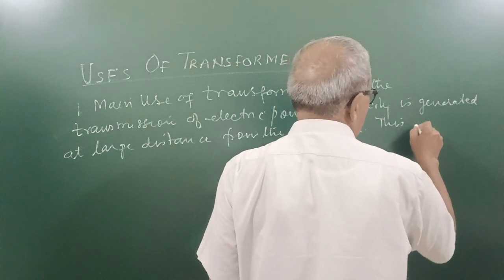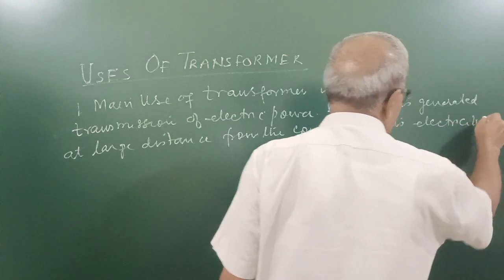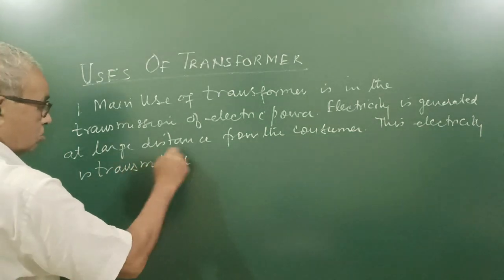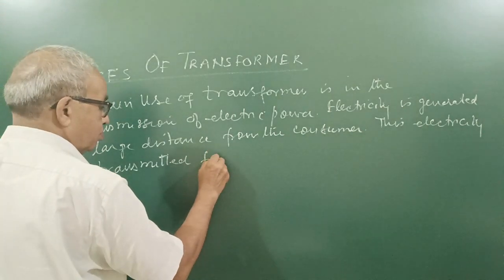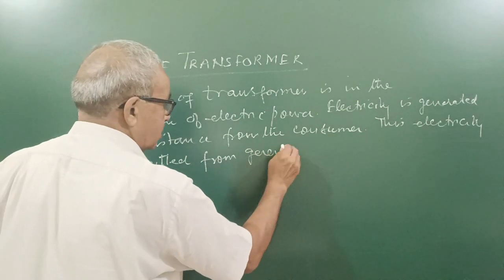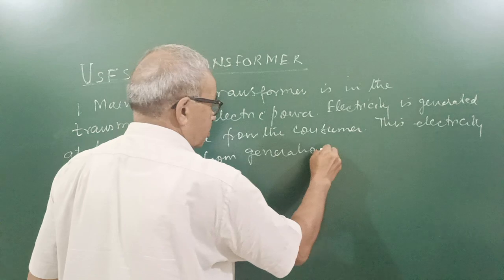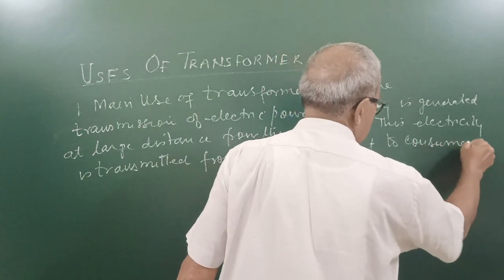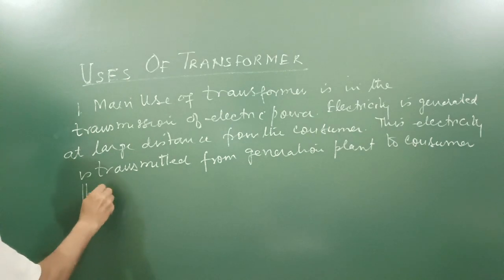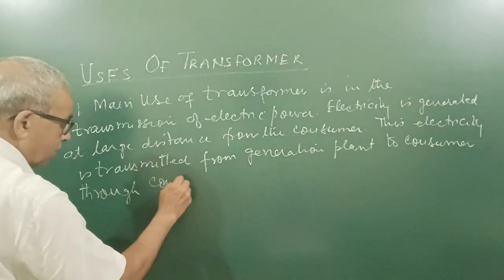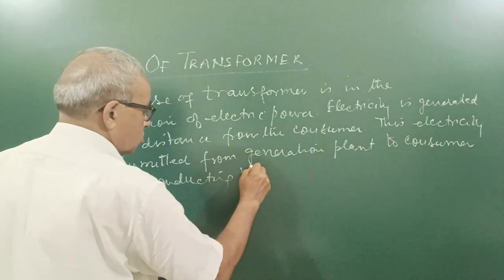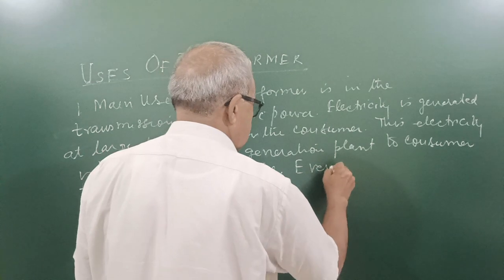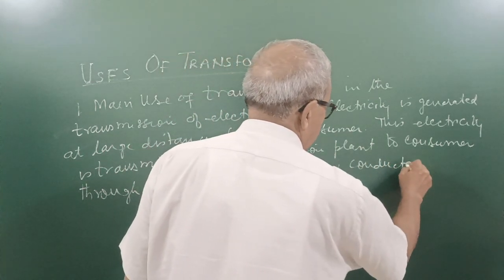Thus, electricity is transmitted from the generation plant to the consumer through conducting wire. Every conductor has a resistance.